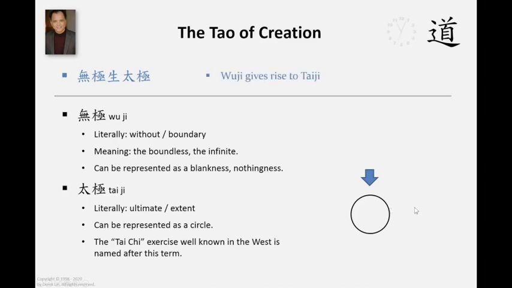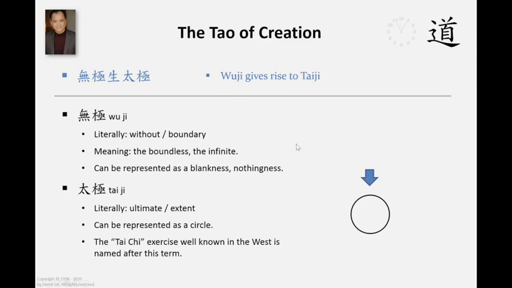And here's the translation for that. Wuji gives rise to Taiji, and that's because Wuji and Taiji have become jargon, specialized terms that oftentimes people who study Tai Chi will get into and become familiar with. So Wuji gives rise to Taiji.